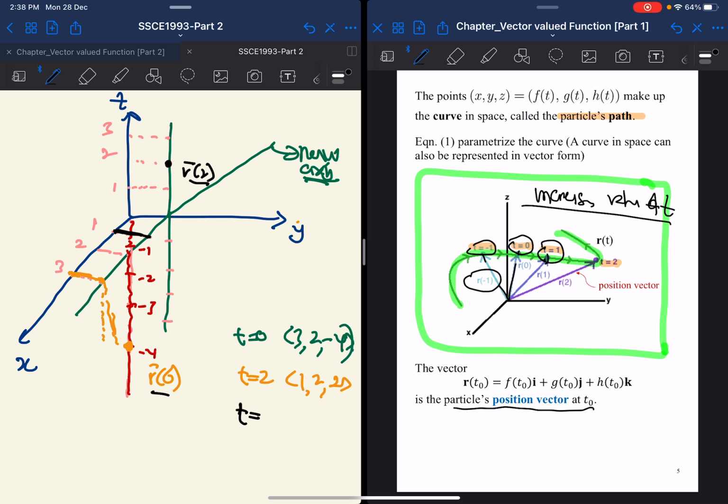And the last one, when we choose t equal to 3, you will get 0, 2, 5. So 0 for x, 2 for y here, and then 5. It's somewhere here. Let's extend this one up to 5.